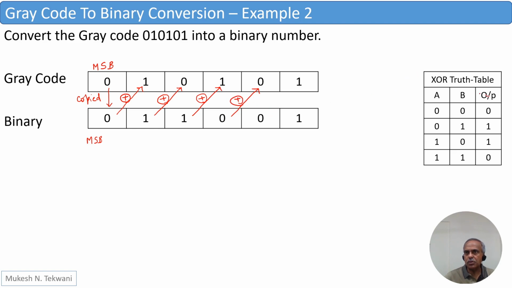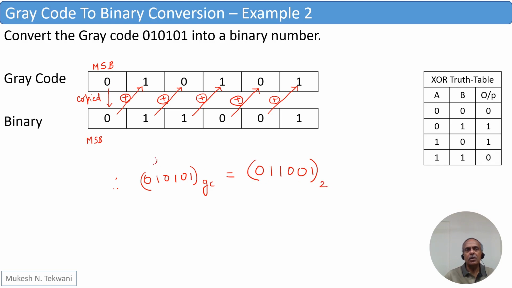From our truth table, we know when both bits are identical, the output is 0. And here we have 0 XORed with 1, that gives us 1. And therefore we can say that 010101 of the gray code is equivalent to 011001 of the binary.